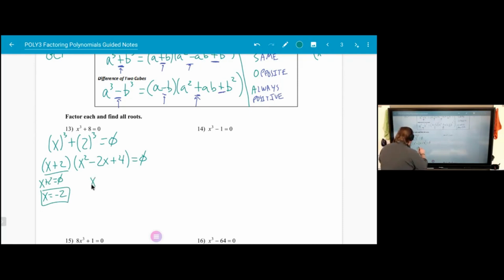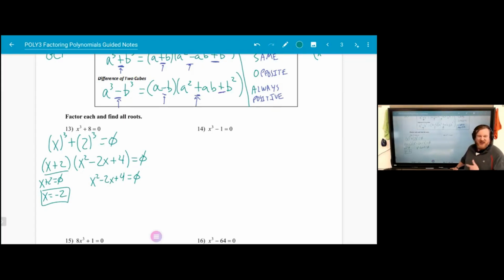x squared minus 2x plus 4 equals 0. Well, how can we solve this one? Solving quadratics, that's what we just did. Now, we can't solve by square root in this case because it's not just x squared and a constant. Could we do completing the square?